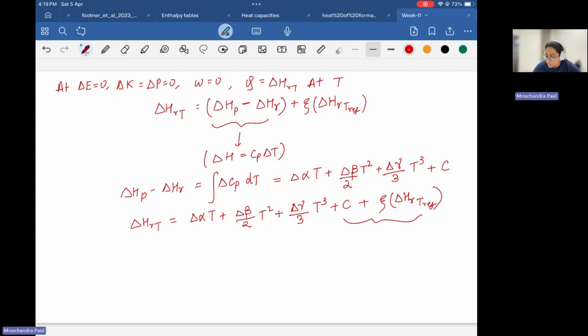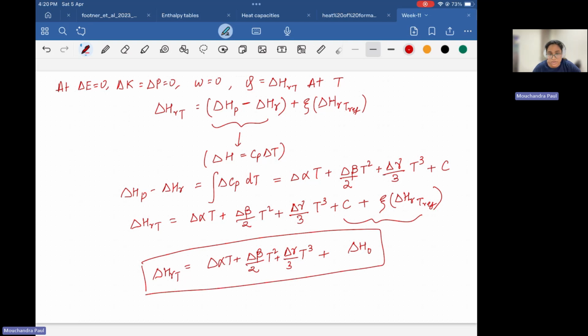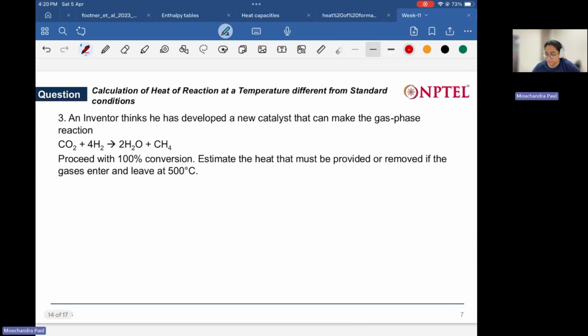Now these two, let's club these two terms as delta H naught, plus the remaining terms. Okay, this is your heat of reaction at temperature T, at any temperature T. So we have to use this expression to solve the given problem.